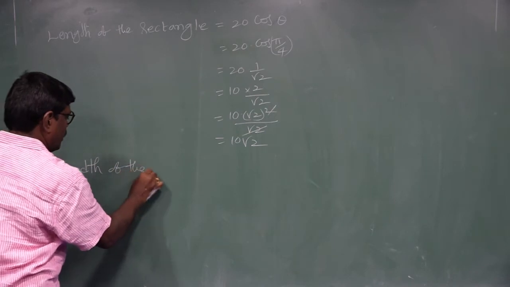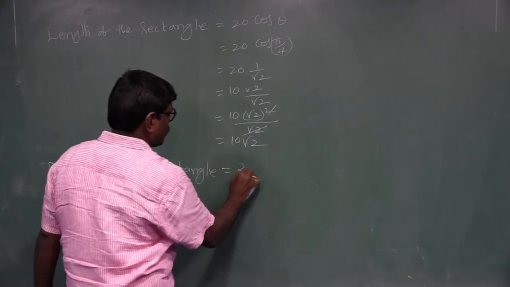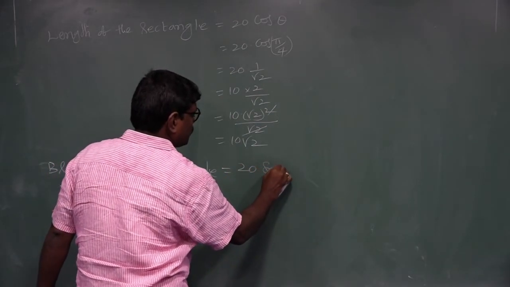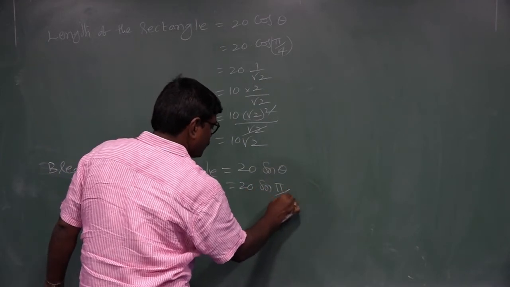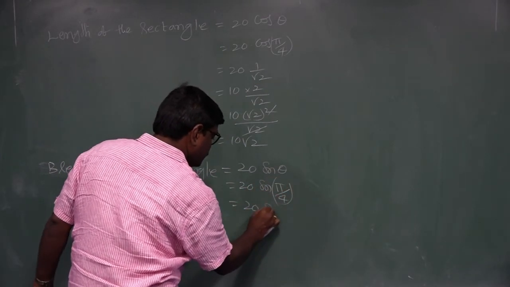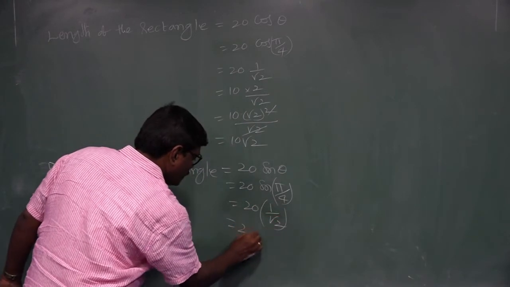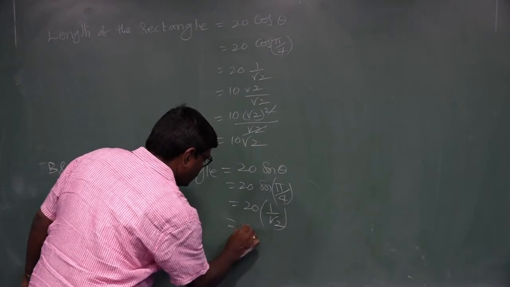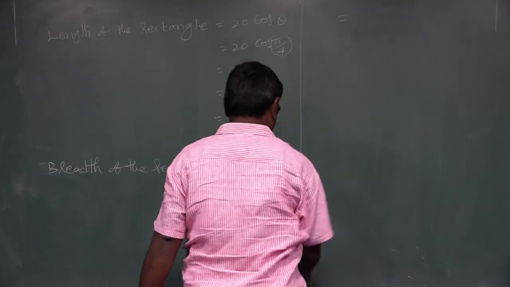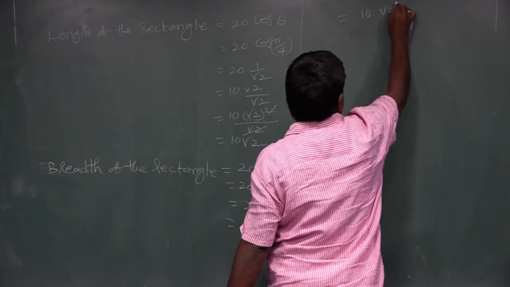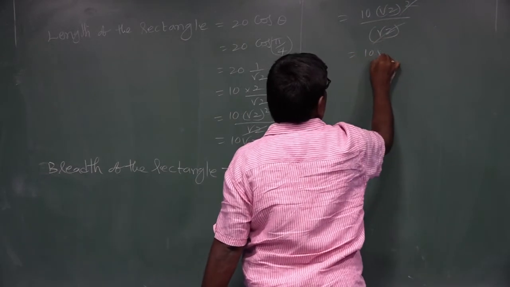Next, breadth of the rectangle equal to 20 sin theta. 20 into sin of pi by 4, whose value is 1 by root 2, equal to 20 into 1 by root 2, 10 into 2 by root 2, 10 into root 2 whole square by root 2, equal to 10 root 2.